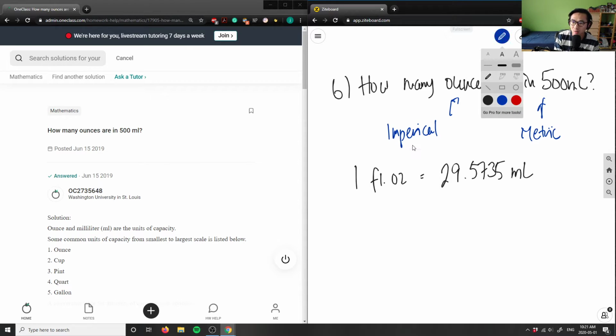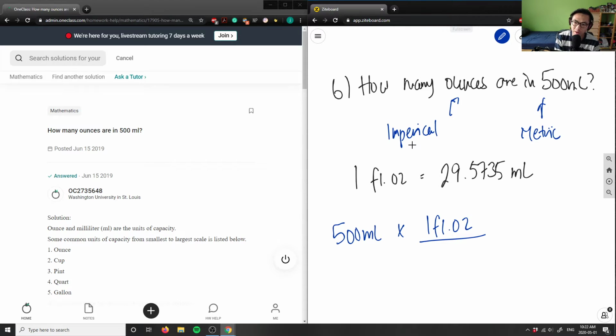So if I have 500 milliliters, I'm going to multiply that by how many fluid ounces are in a milliliter. I have 1 fluid ounce divided by 29.5735 milliliters in a fluid ounce, right?